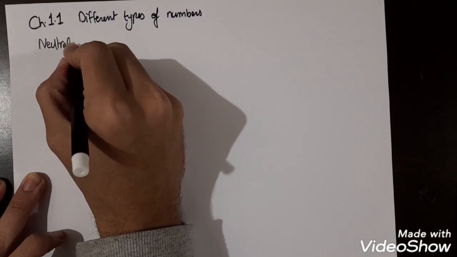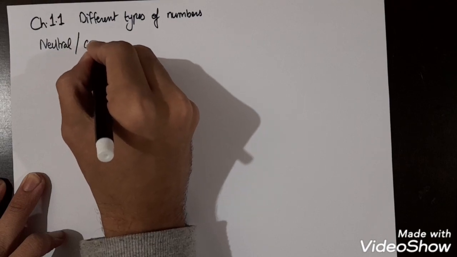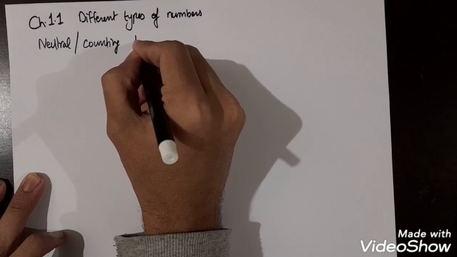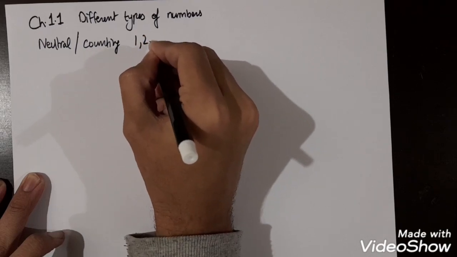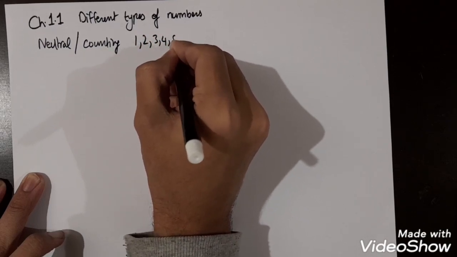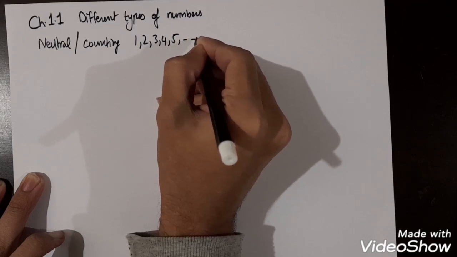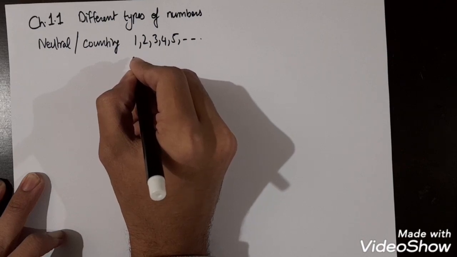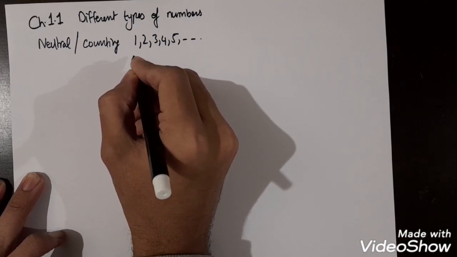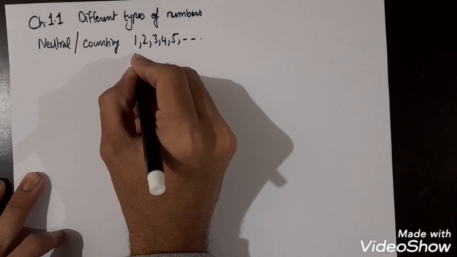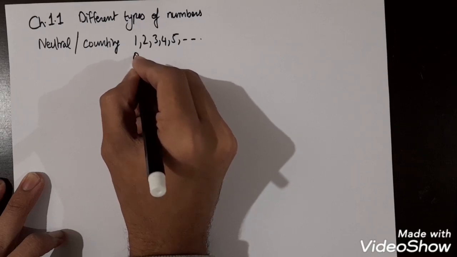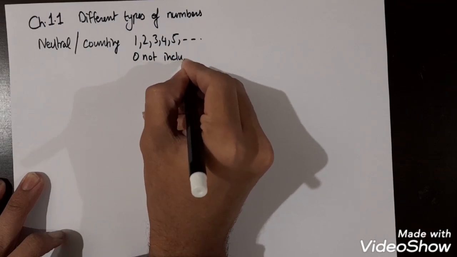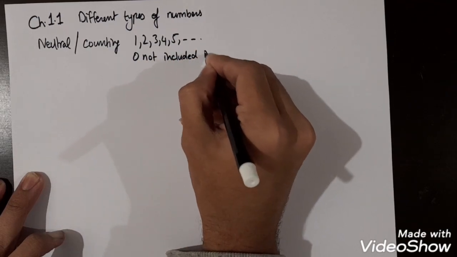So this will be numbers from 1 till infinity, like 2, 3, 4 and 5 and onwards. But 0 will not be included in the natural numbers because it is neither a negative nor a positive number.